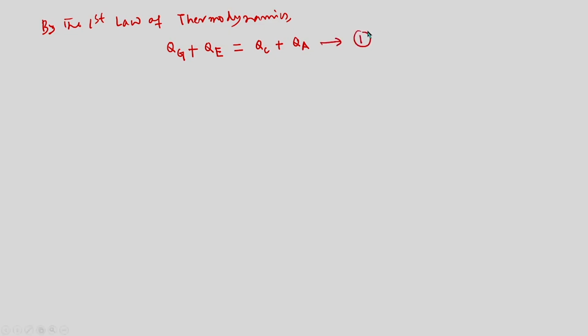By the first law of thermodynamics, we know it is an energy balance: Qg, the amount of heat we have given, plus Qe we are taking from the atmosphere, equals Qc plus Qa we are discharging. Okay. So, let this be equation 1.